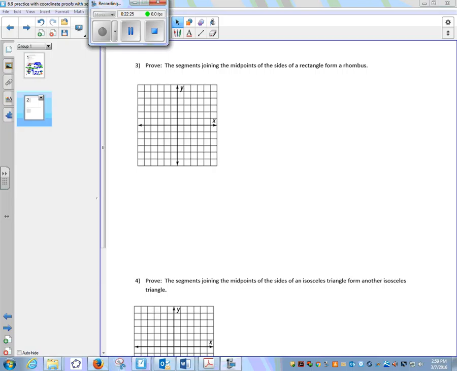Okay. Segments joining the midpoints of the sides of a rectangle form a rhombus. So what are you drawing first? Okay, so we're going to have to start with a rectangle here. And we know we have to find midpoints. So probably if we use 2 times the variable, we'll have better luck with finding the midpoint.